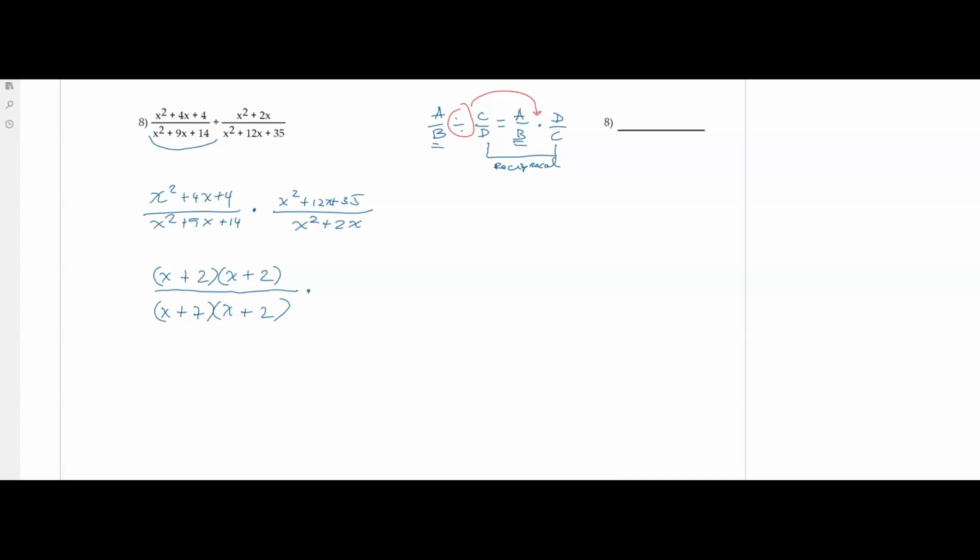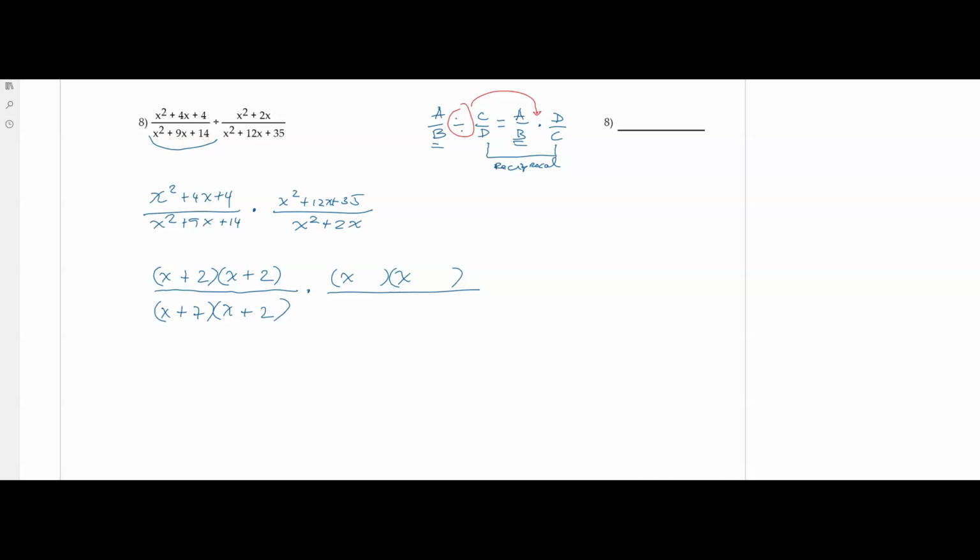All right, let's move on to the third one here. The third trinomial, we're going to have x and x, and then factors of 35 where the sum is 12.